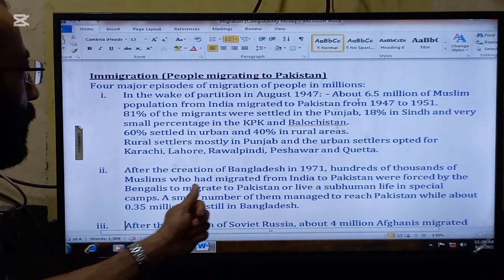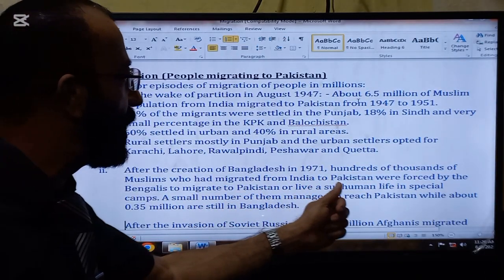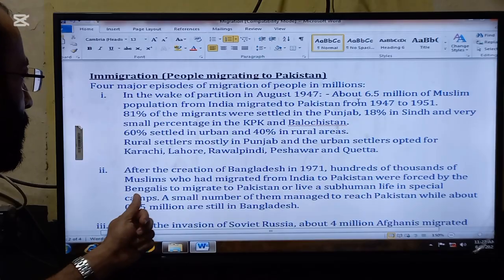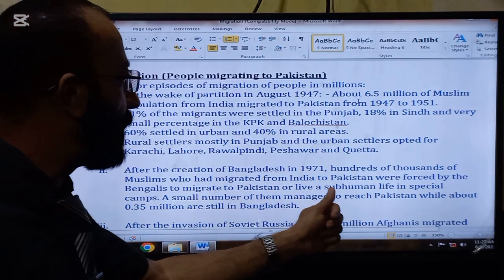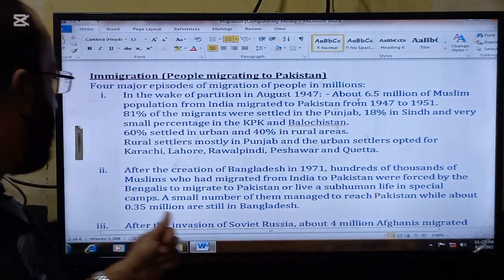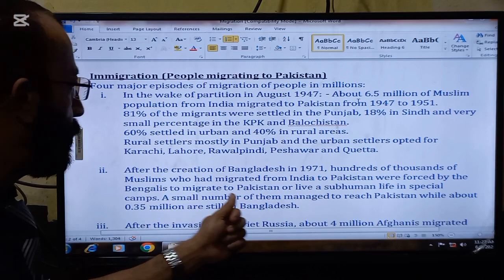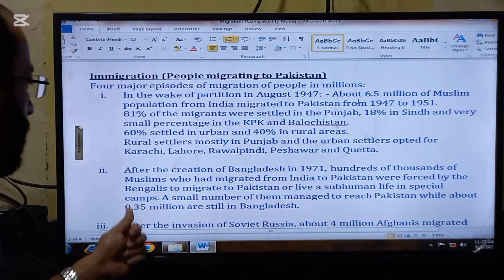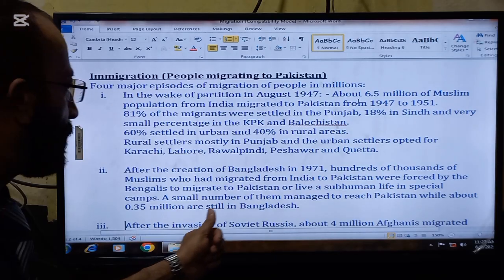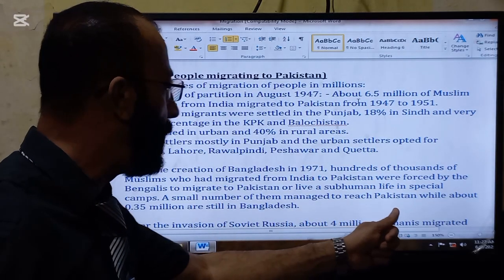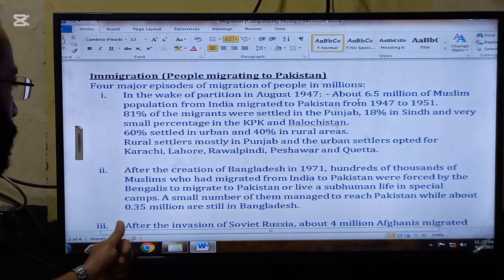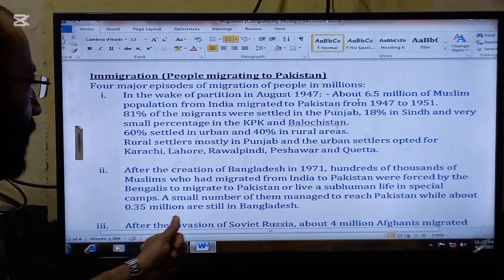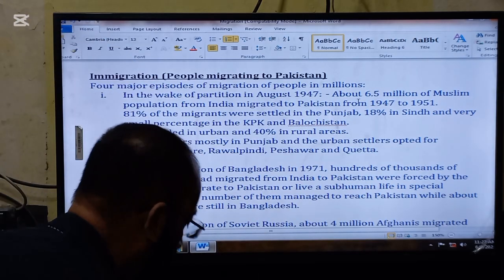After the creation of Bangladesh in 1971, hundreds of thousands of Muslims who had migrated from India to Pakistan were forced by the Bengalis to migrate to Pakistan or live a subhuman life in special camps. A small number of them managed to reach Pakistan, while about 0.35 million are still in Bangladesh.